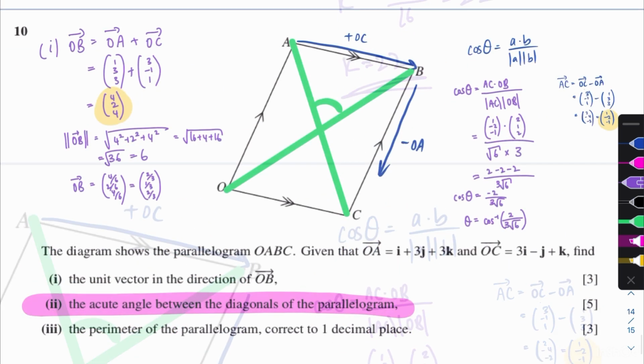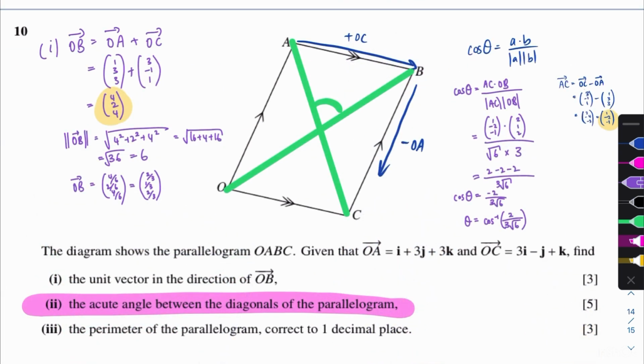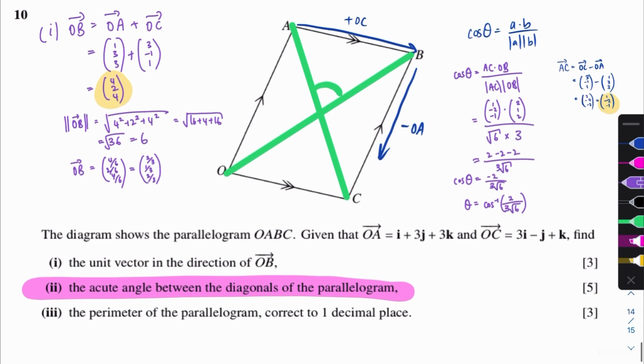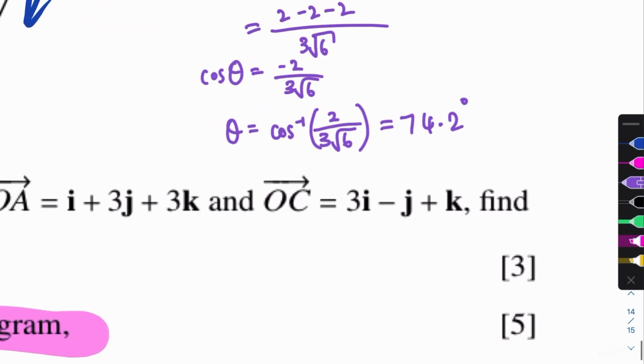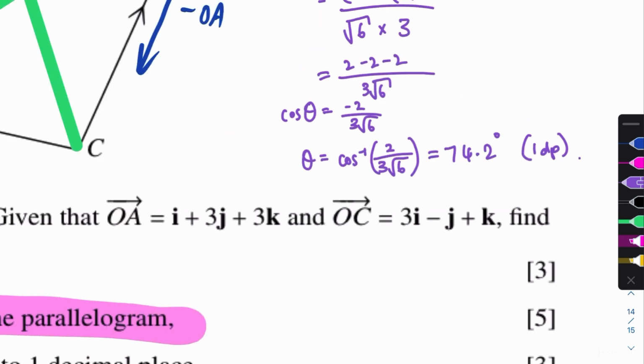And for this, make sure that your calculator is set to degrees. So I've got 74 degrees, 74.2 degrees. And you always do it to 1 decimal place when you're doing degrees.